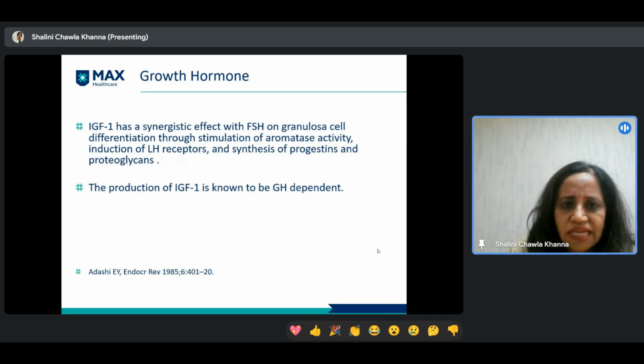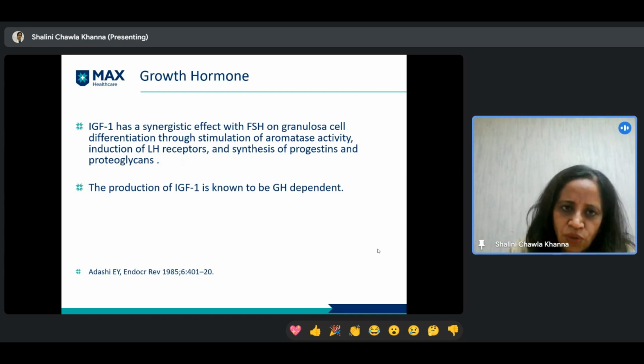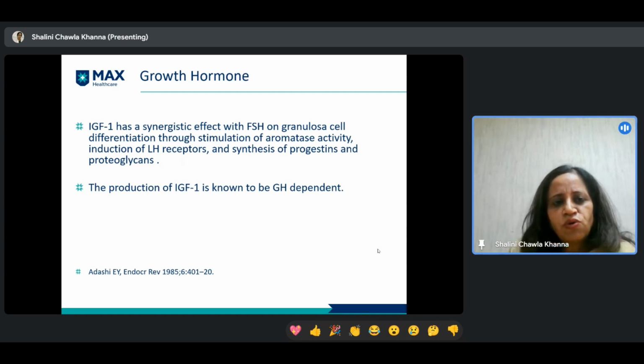Now, the other miscellaneous drugs that I would be covering here simultaneously are growth hormone and CoQ. How does growth hormone help? We use it definitely, I think majority of us have used this at one point or the other, especially in poor responders.